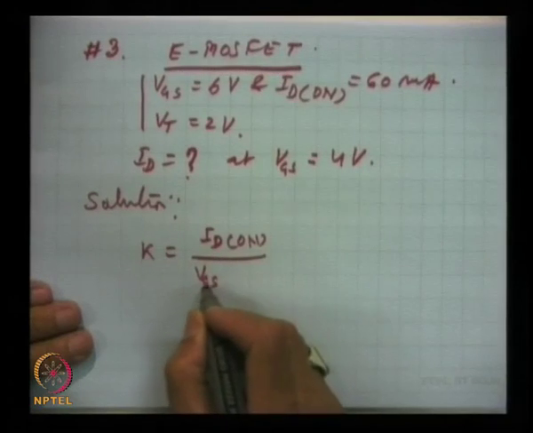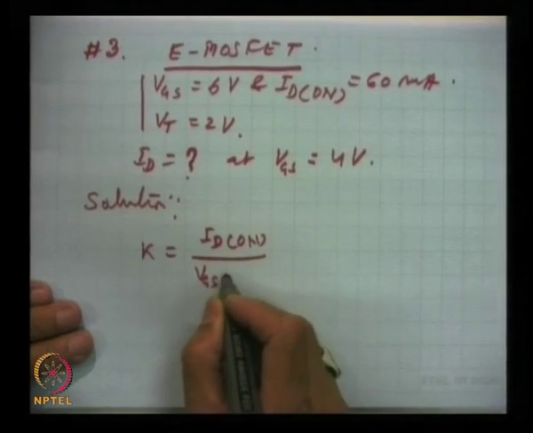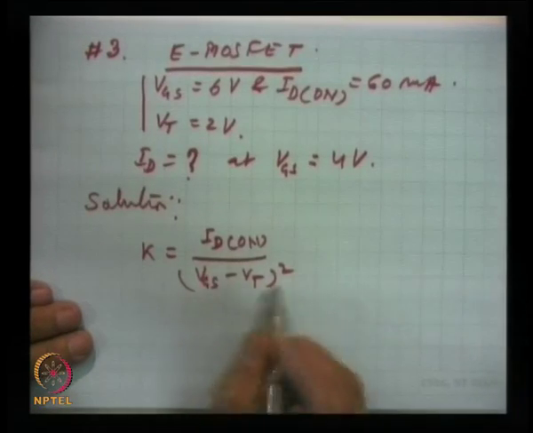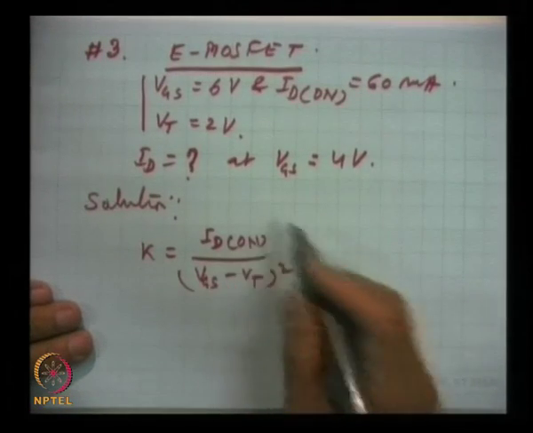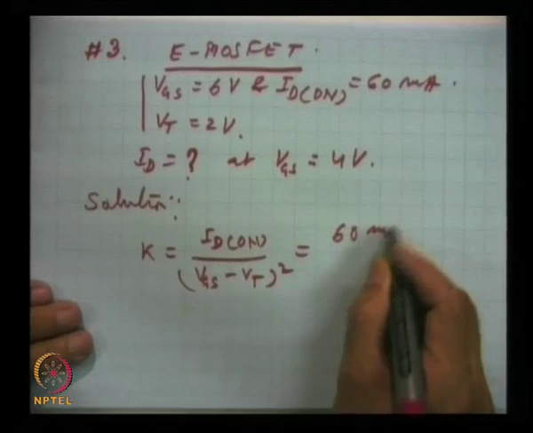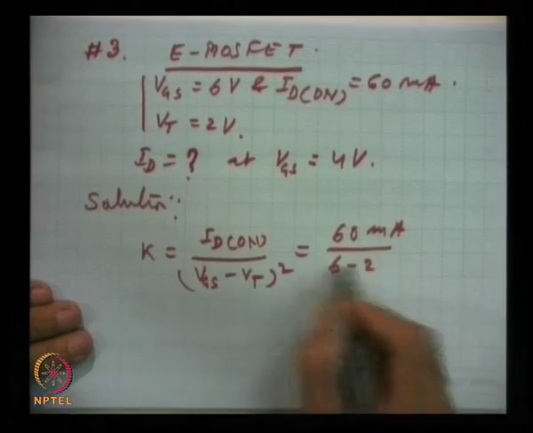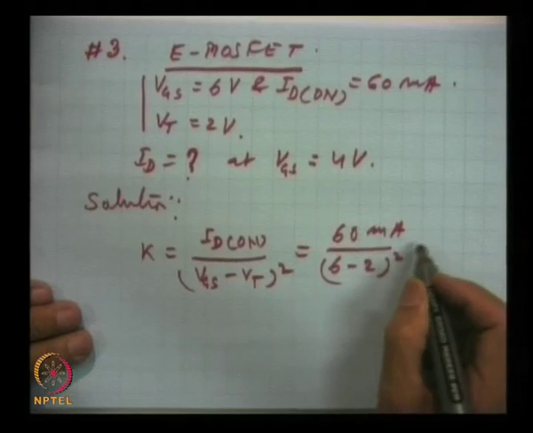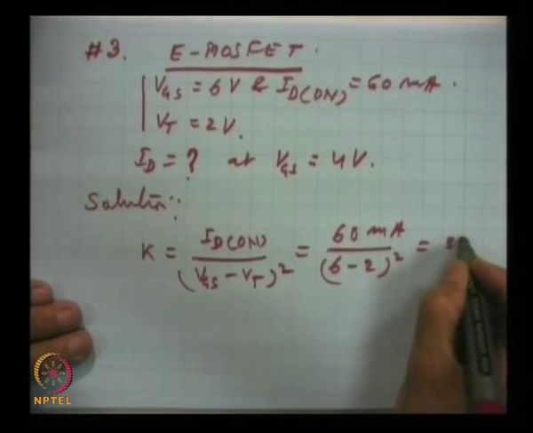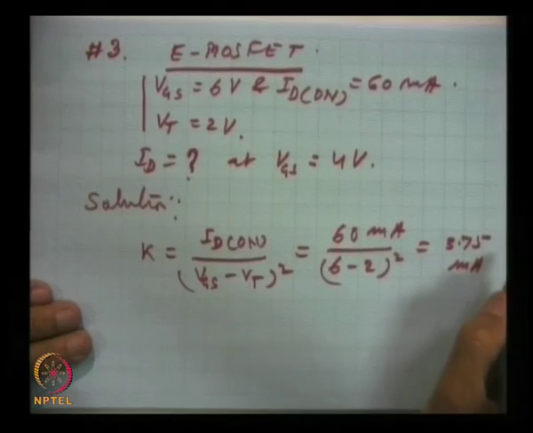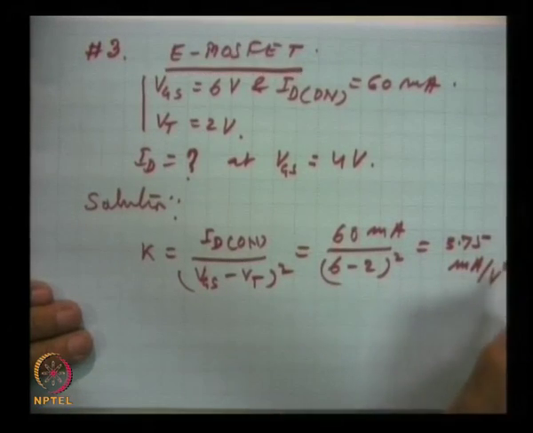VGS minus VT square. So, we substitute the values. ID on is given as 60 milliampere and this is given 6 volts, this is 2 volts square, and this gives 3.75 milliampere per volt square.